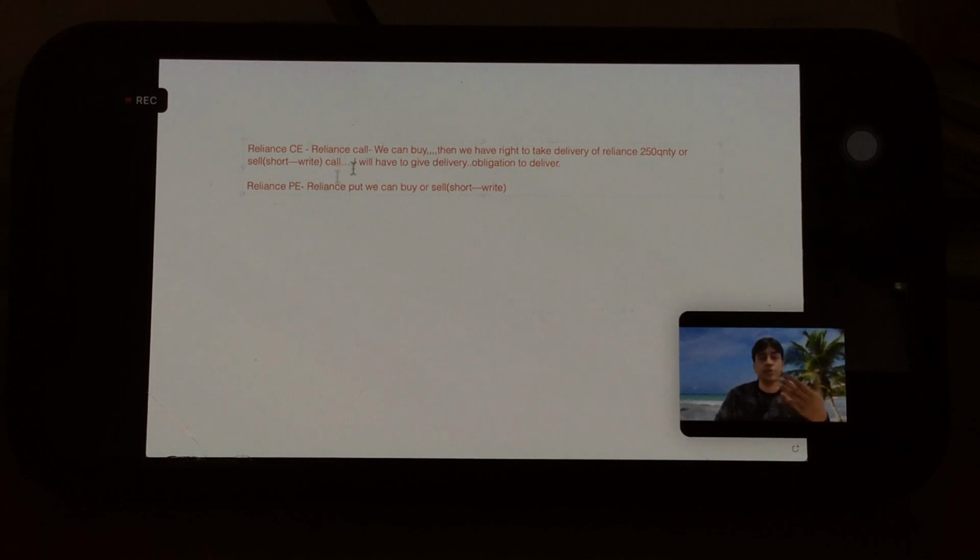But if suppose I have shorted Reliance Call and I see that I am making profit now, I want to square off, and if another buyer is available, I can immediately square it off and get out of this. But if I hold it till the expiry, then I have to deliver it. Similarly, put option will also be buyer will be having right and seller will be having obligation to deliver.